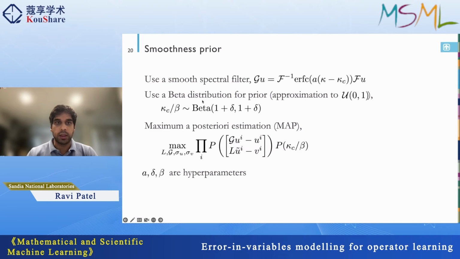We do that with this beta distribution, which is differentiable, so we could use gradient-based methods to do the optimization. We use this beta distribution with shape parameters close to 1 with this delta. Then we could do maximum a posteriori estimation instead with this prior, where now we've introduced 2 extra hyperparameters, delta and beta.